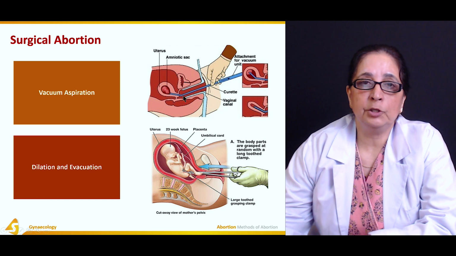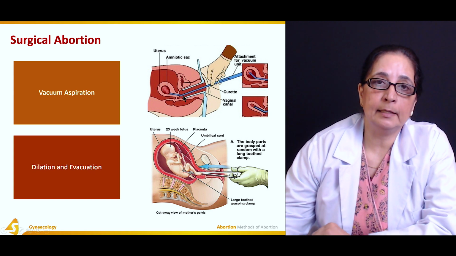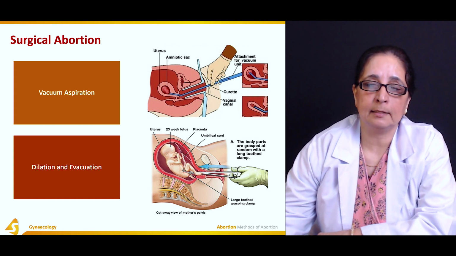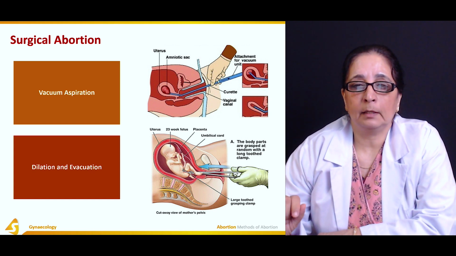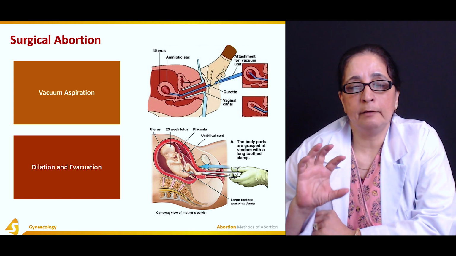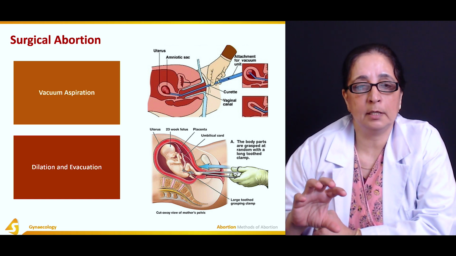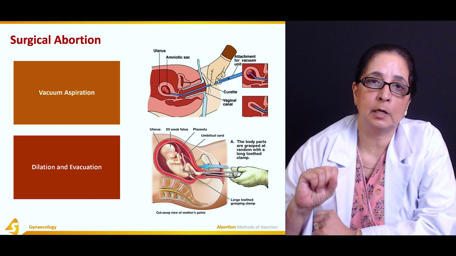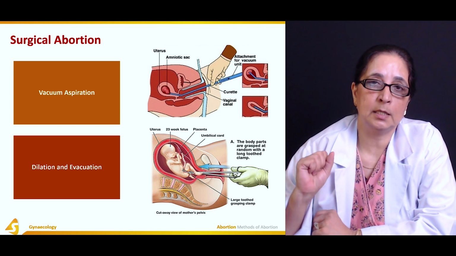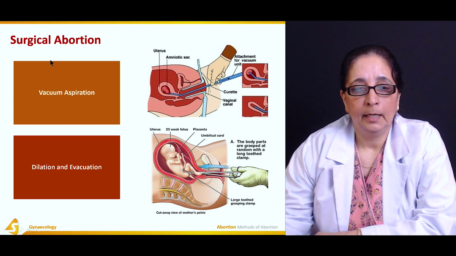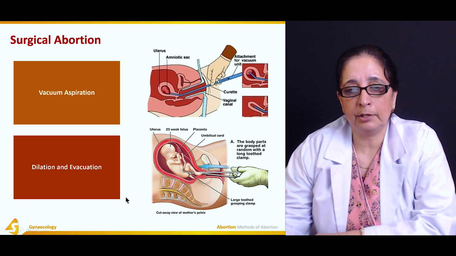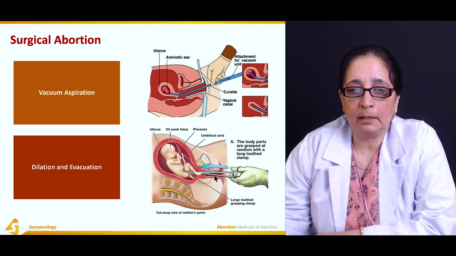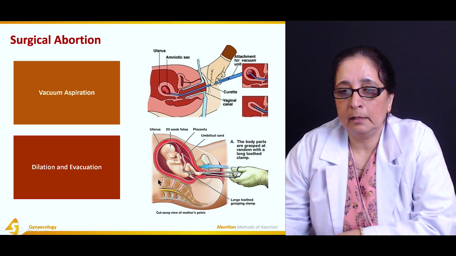And before that, usually the cervix is dilated with the help of dilators, and then through the opening of the cervix, the vacuum cup is inserted, and then through that vacuum cup the force is applied. In dilation and evacuation, or dilation and curettage, this is the other method.